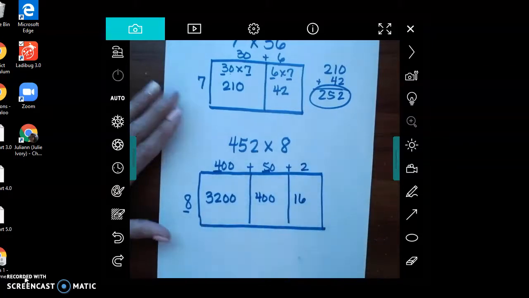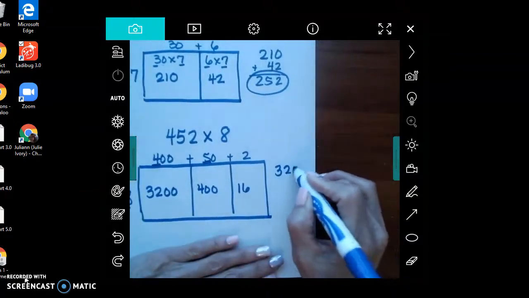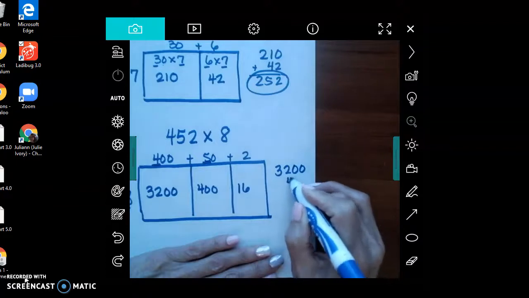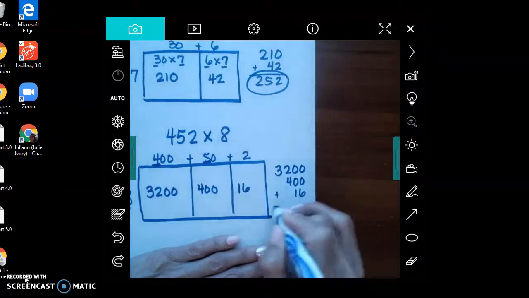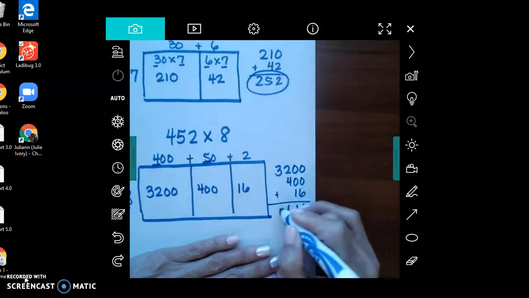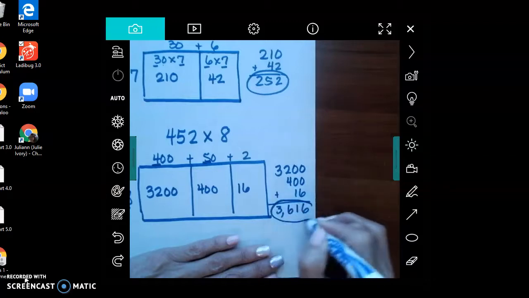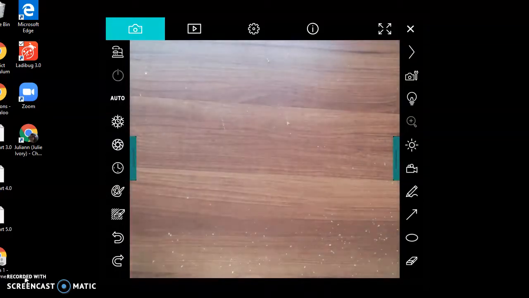Here are our partial products, and we need to come over to somewhere on our paper and stack those by place value and add them all up, starting with your ones place. And our product is 3,617.